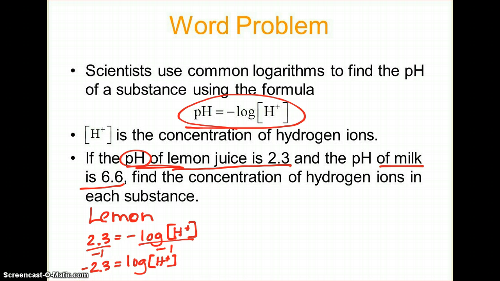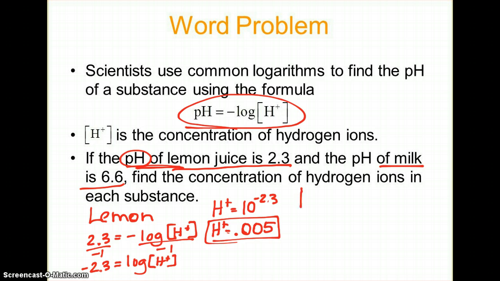If I rewrite this exponentially, this is going to say H equals 10, my base, to the power negative 2.3. And that's going to tell me that H is equal to, we'll just go out to 0.005. Those would be the hydrogen ions in the lemon juice.